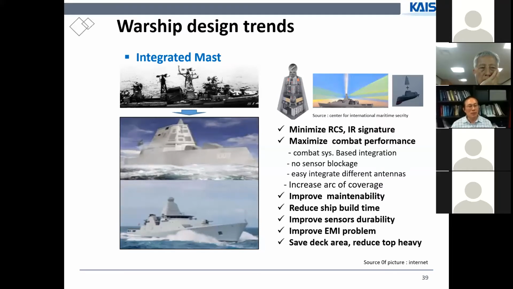This is the recent mast, the integrated mast. Inside that, all antennas, sensors and communication equipment are inside. This material is very high technology material, FSS, frequency selective surface material.